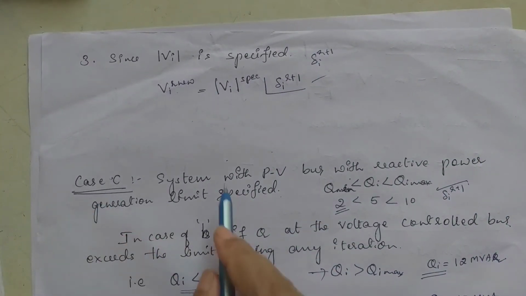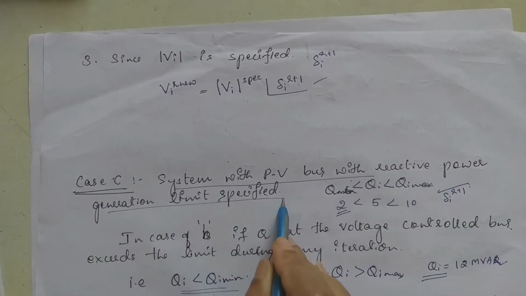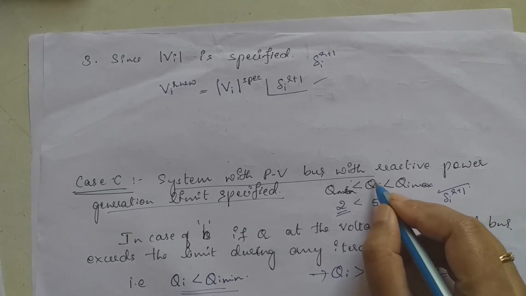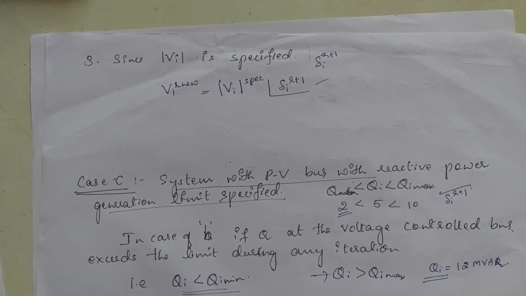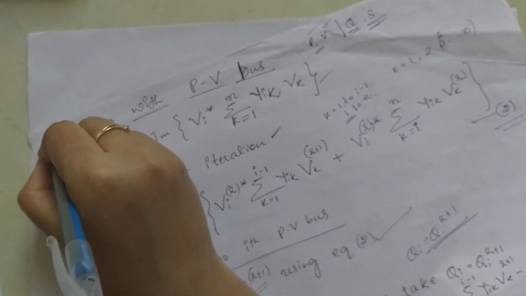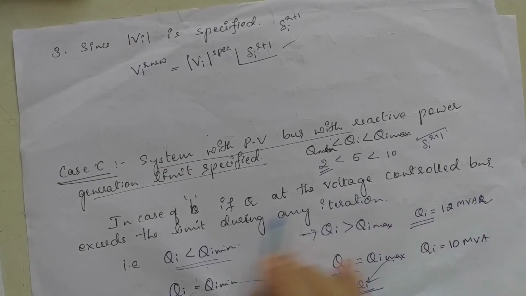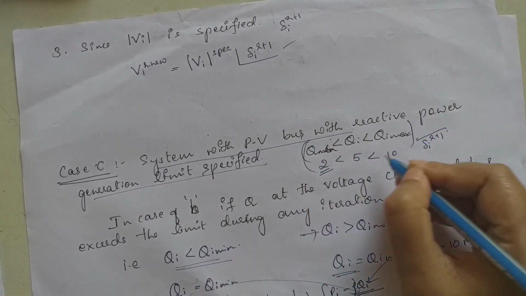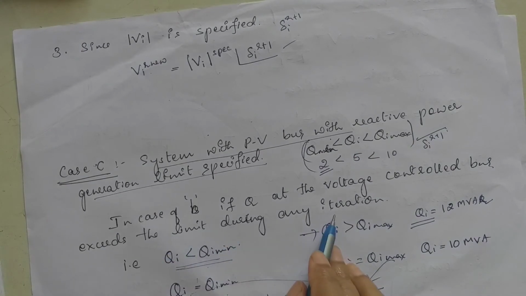Next, case C: a system with PV bus but with the reactive power generation limit specified. I mean, Qi should be between Qi minimum and Qi maximum. In case B, if Q at the voltage control bus exceeds the limit during any iteration, what we have to do?